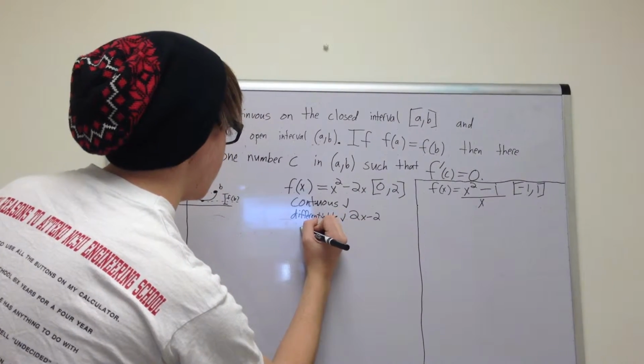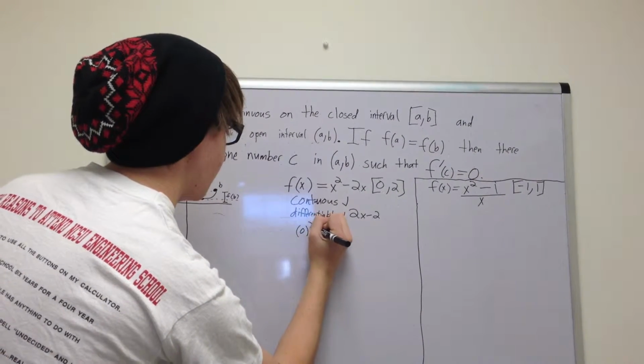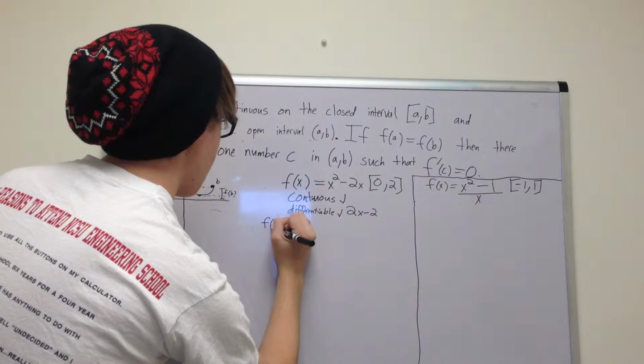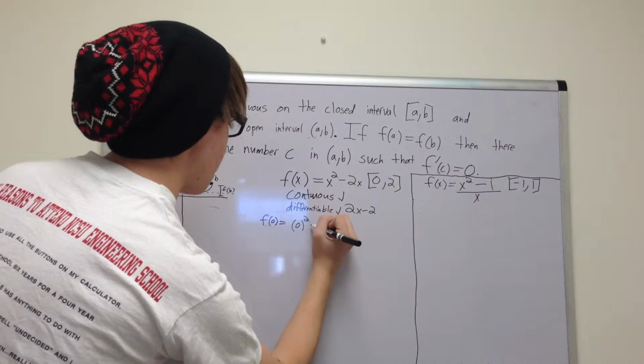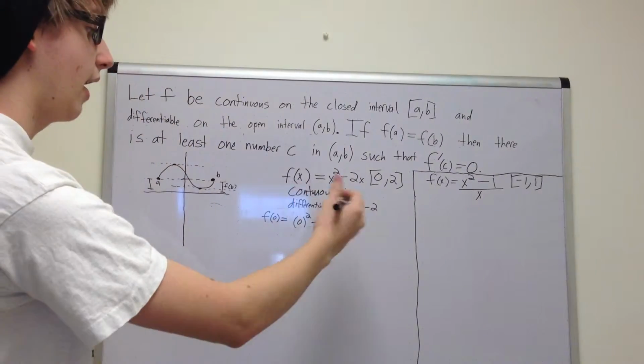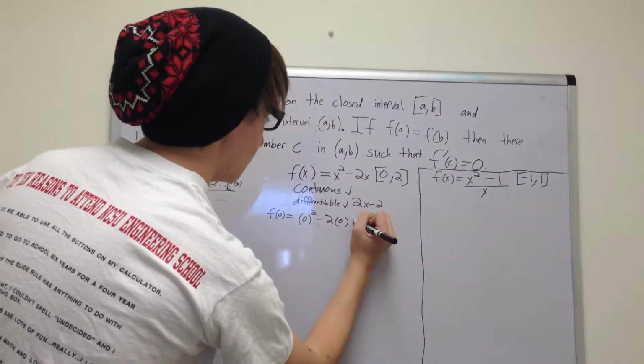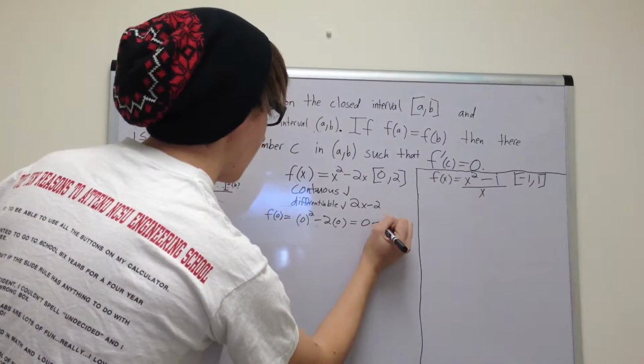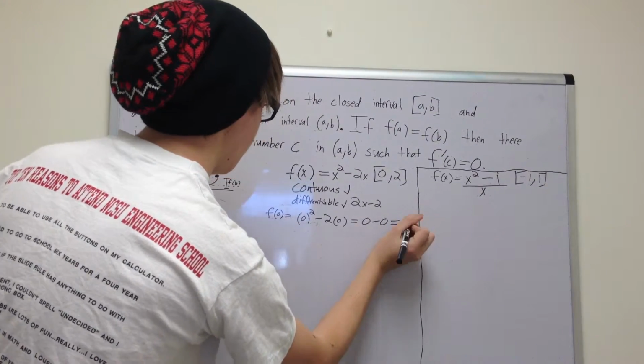So we have f of 0, 0 squared minus 0, which gives you 0.